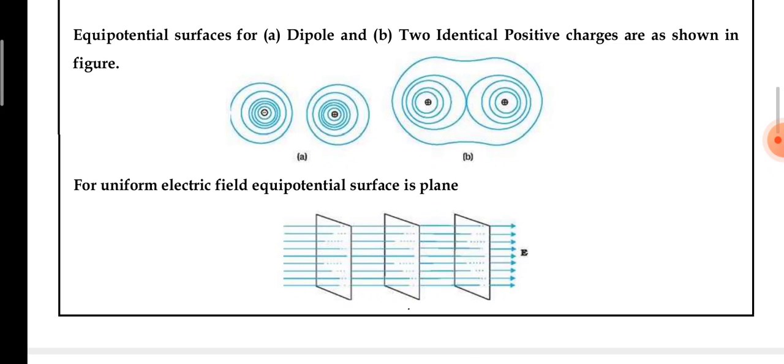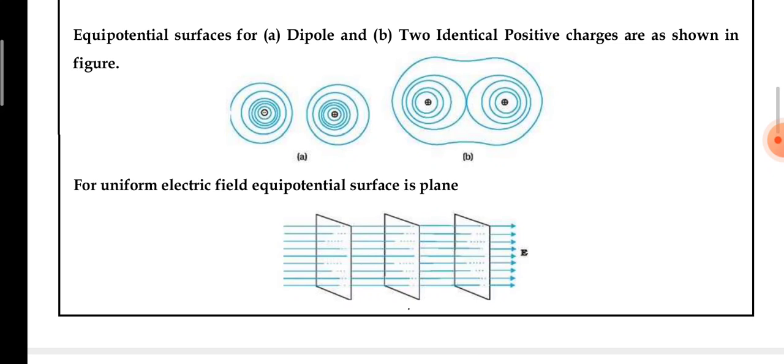For a dipole and two identical charges: in diagram A, a dipole is there; in diagram B, two identical charges are there. How to draw the equipotential surfaces? You just observe where the lines are crowded and where the lines are widely spaced.